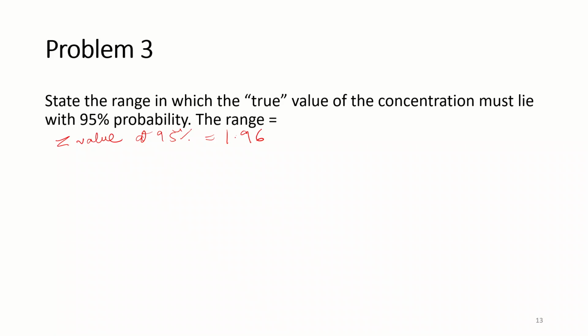Sir, please explain this point again. Okay, sure. The z value is there, plus minus z is equal to x minus nu over the standard error. So plus minus z equal to 1.96.